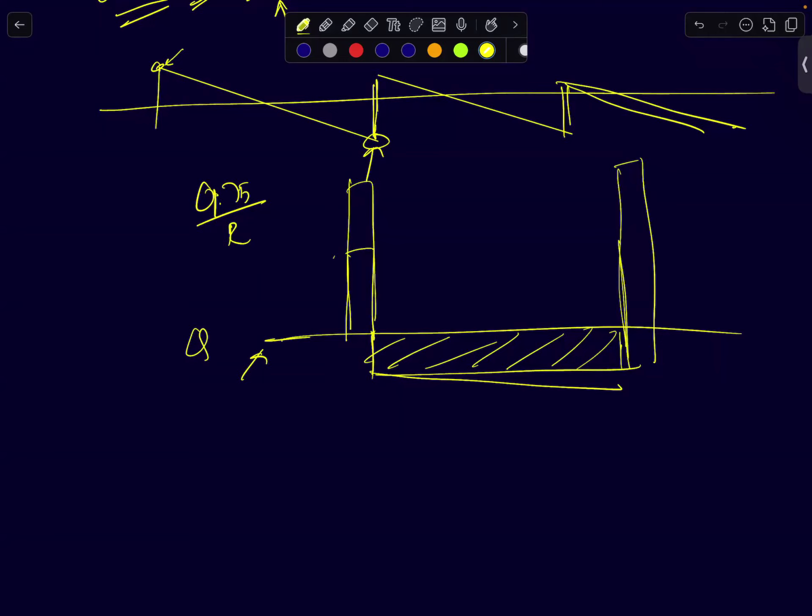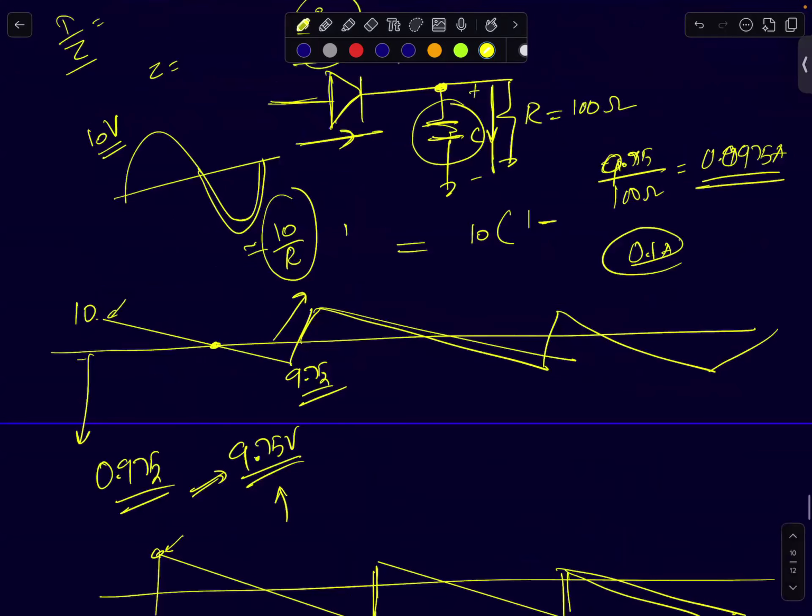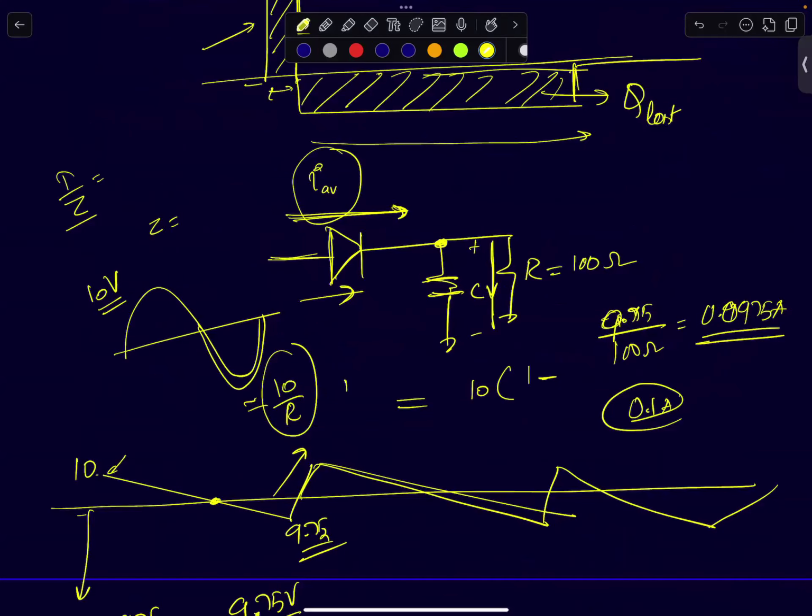You didn't have to go through the mathematics to solve it. You just had to use this concept that for a capacitor to have near constant voltage, the average current through the capacitor has to be 0. So therefore, the average current of the diode has to be exactly equal to the average current of the resistor. If you equate the two, and if you find the average value of the output, ideally I would have preferred an answer of 0.0975.